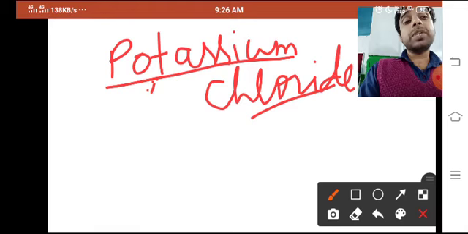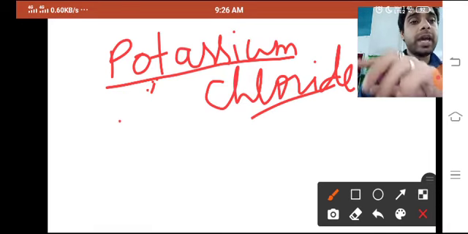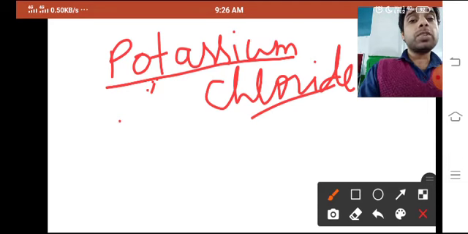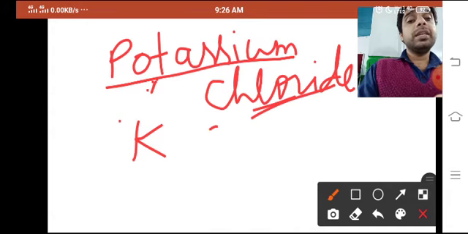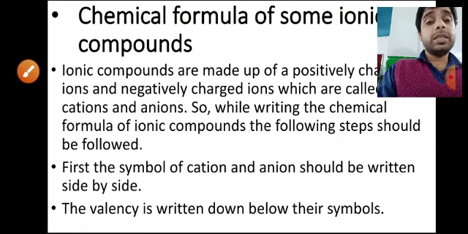First of all, the symbol of potassium is K, and chloride is Cl, chlorine. Then, as seen, the valency is written below their symbol.